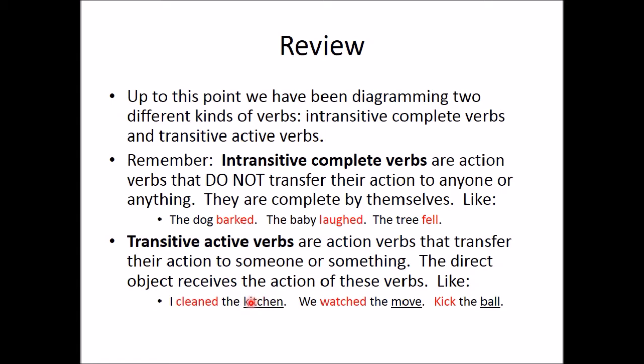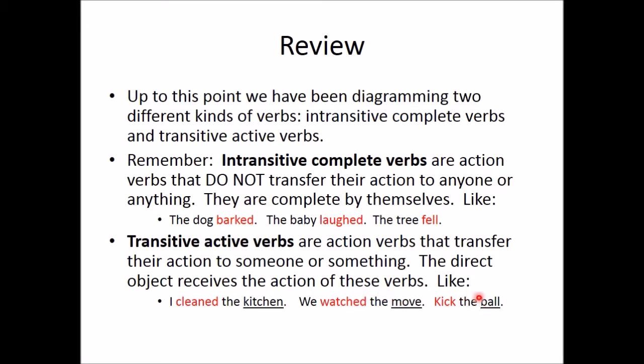The kitchen is a noun. The name of that noun is direct object, and it is receiving the action of the verb, the transitive active verb. In the second example, we watched the movie. Watched is the verb, movie is the noun doing the job of direct object, and it is receiving the action of being watched.